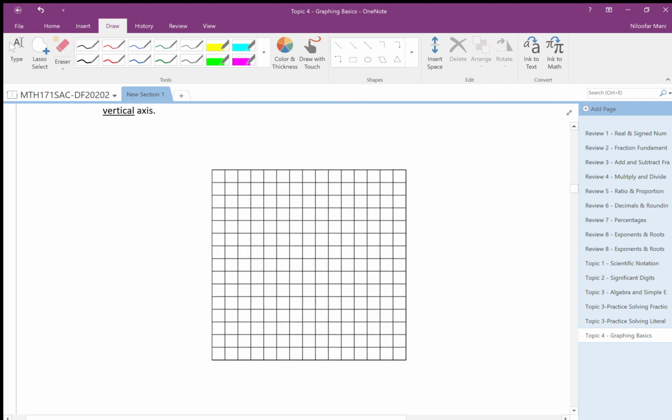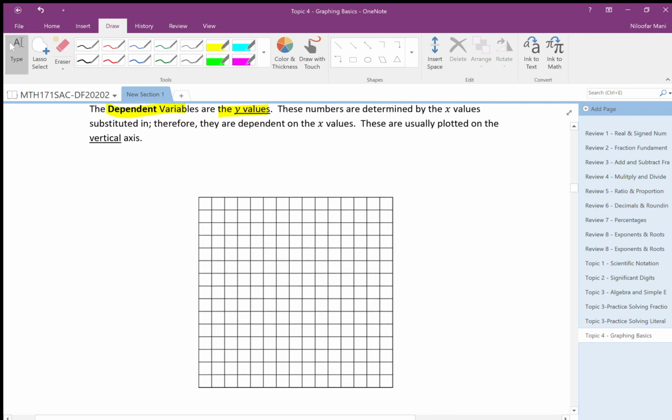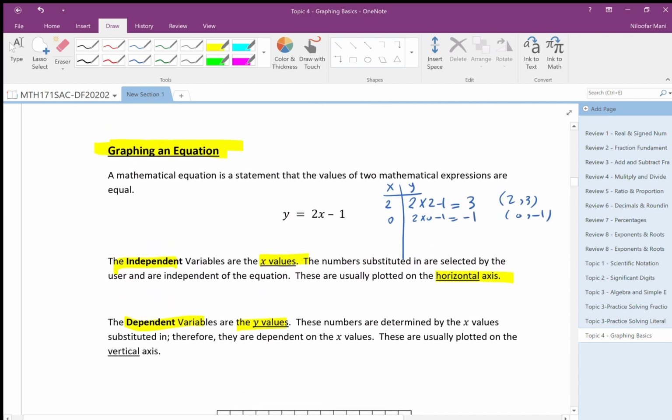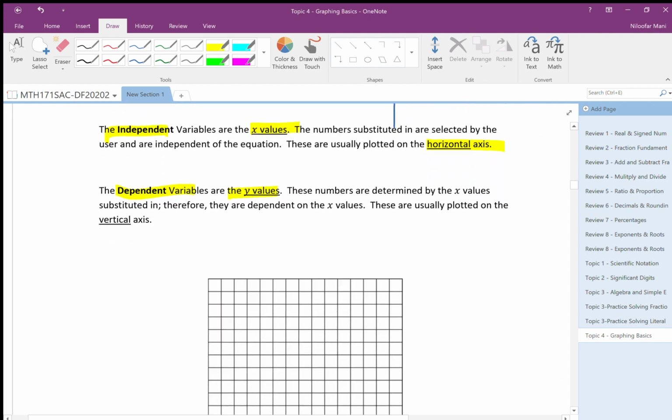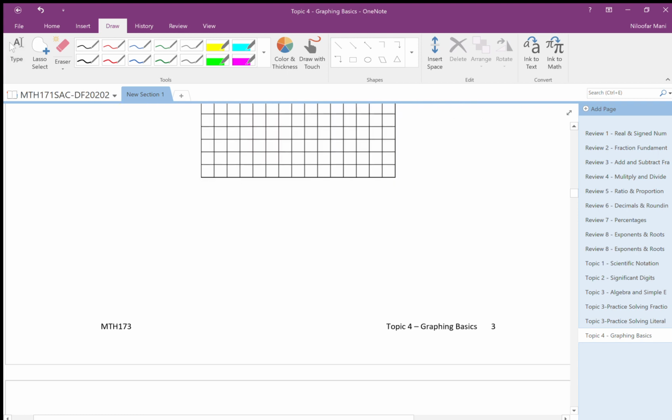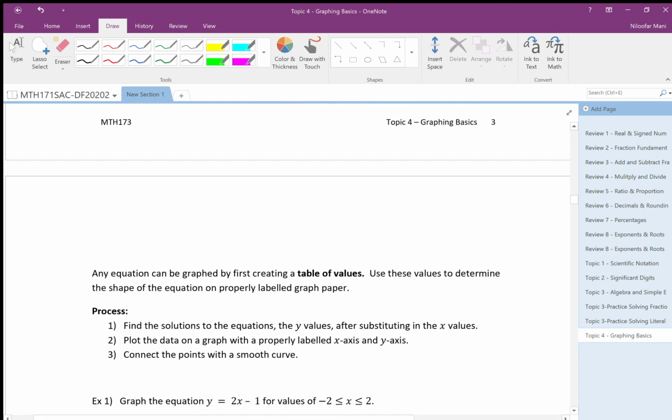so now I see this graphing paper. Nothing is on it. Okay, and I want to graph y = 2x - 1. I want to do it. So I give some values to x and I find y. This is called a table of values.